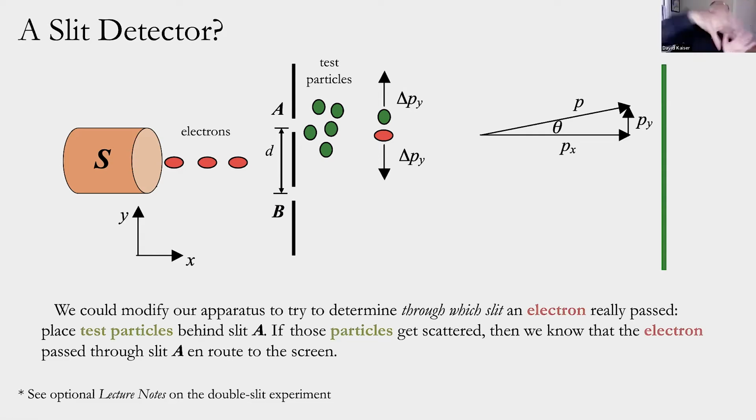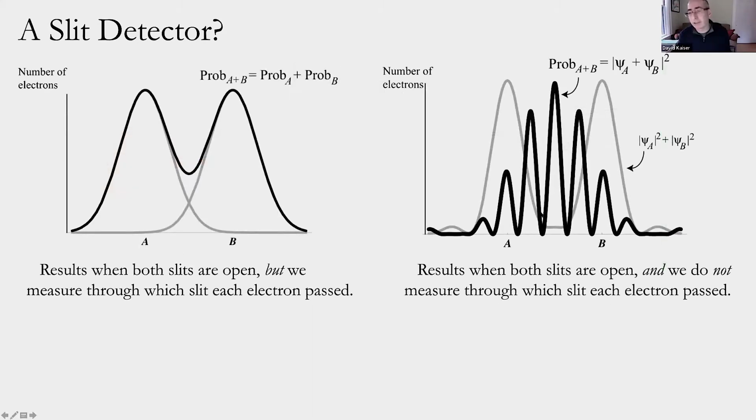So we have to contain or compress the distribution of test particles within a small region delta y, but that means they must have a correspondingly large uncertainty in the momentum because of the uncertainty principle, and therefore there'll be a correspondingly large uncertainty in the recoil momentum of the electron after scattering of exactly the right amount. This part's kind of amazing, of exactly the right amount needed to perfectly wash out those very clear interference fringes to get back to two bell-shaped curves instead of those very regular, very narrow peaks of the interference fringes.